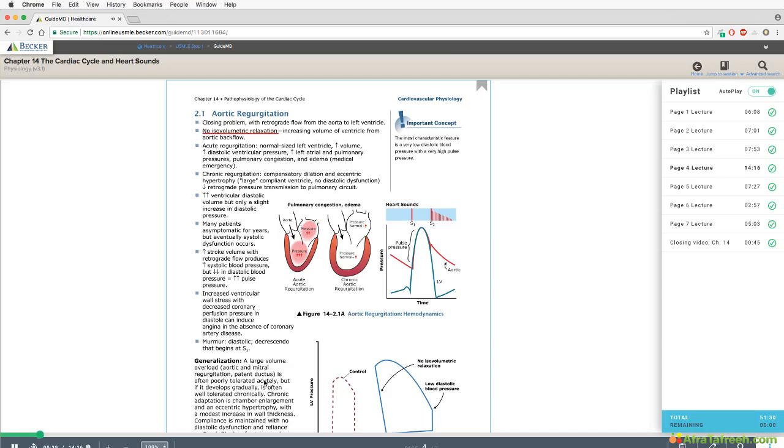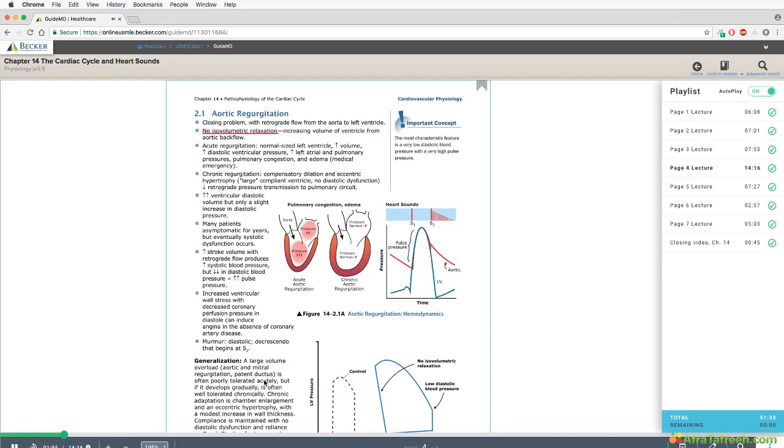During isovolumetric relaxation, a volume of blood is moving from the aorta into the ventricle. In other words, there is no isovolumetric relaxation. The ventricle is filling during that phase. This is a very characteristic feature of the disorder.